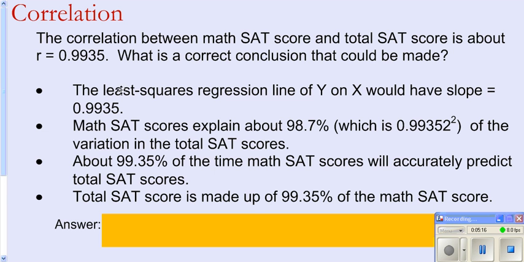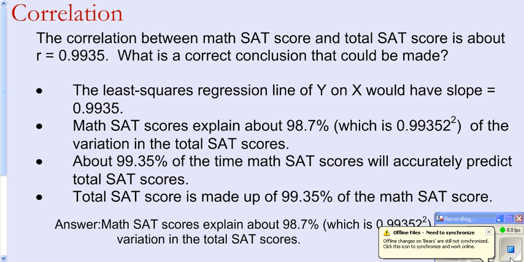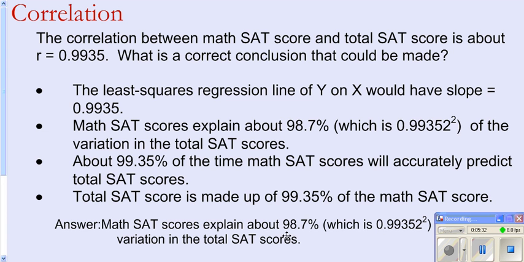But R and your slope are almost never the same, so we know it's not A. What's going on here is we need to look at R squared, and that would tell us our percent or fraction of variation. If you take this number and square it, you end up getting 0.987, or as a percent, 98.7. So we could say your math SAT explains about 98.7% of the variation in your total scores.